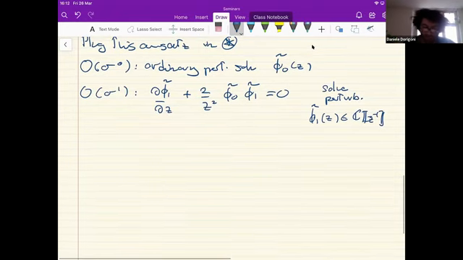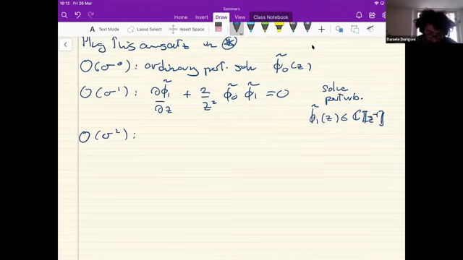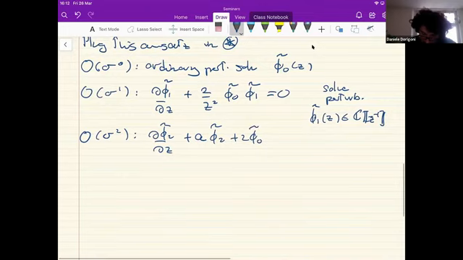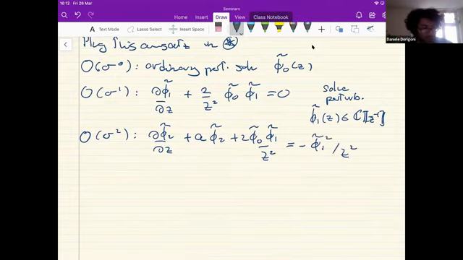And now you get the story. We go to higher order, sigma squared. We get the equation for phi 2, which is now going to be fixed in terms of phi 0 and phi 1. And again, you want to solve it perturbatively and so on.